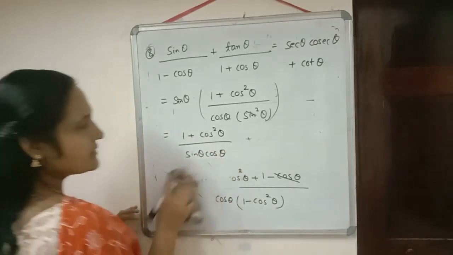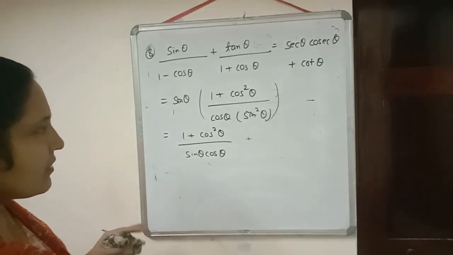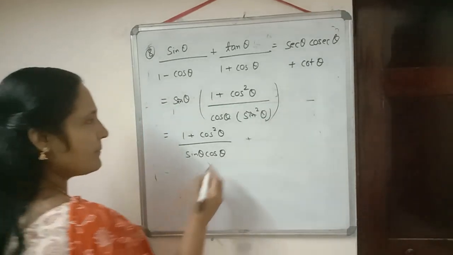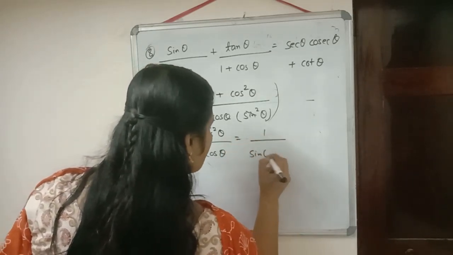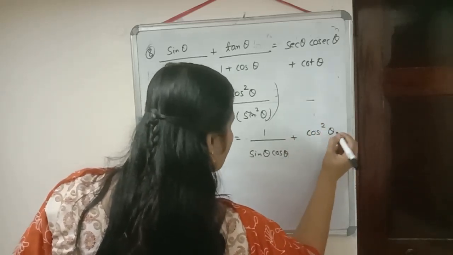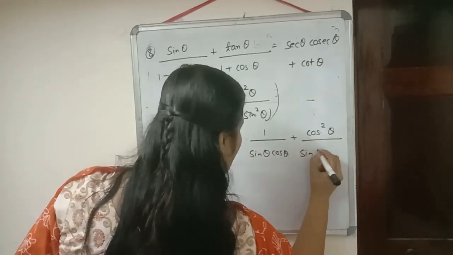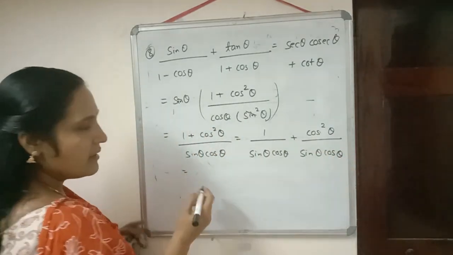But on the right hand side we need the term in terms of sec, cosec and cot. So we are going to write them separately. It will be equal to 1 by sin theta into cos theta plus cos square theta by sin theta into cos theta. What is 1 by sin theta? Yes, correct.